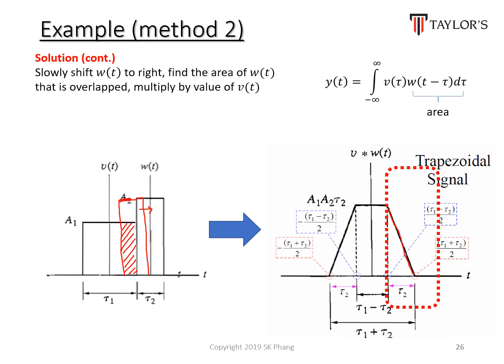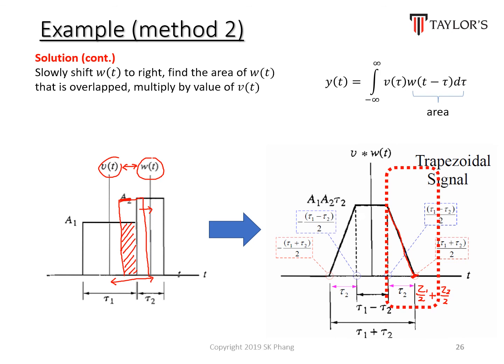And at this point, which is when the WT has totally separated from the VT. And this point will be, again, tau 1 divided by 2 plus tau 2 divided by 2, because this is where it is completely separated between the area A1 and area A2.